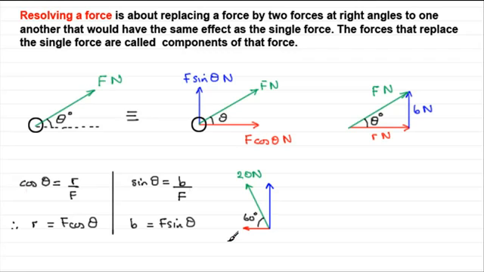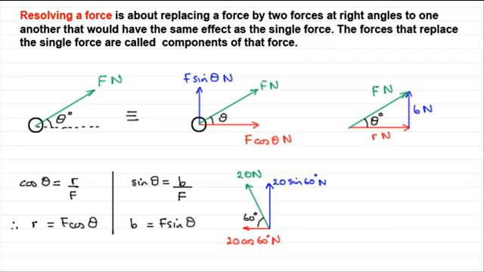So this component here will be 20 cosine of 60 degrees, and you could work that out on your calculator. This component doesn't contain the 60 degrees, so it is the sine of the angle: 20 sine of 60 degrees. This force is in newtons, and the other force here is in newtons.